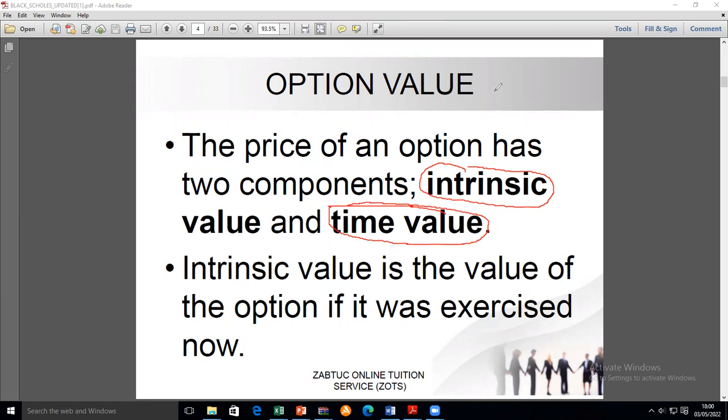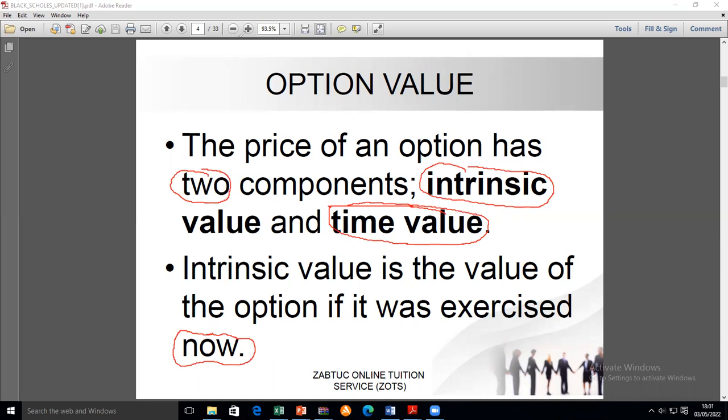So the option value has got these two components. What is the intrinsic value? The intrinsic value is the value of the option if it was exercised now. If you exercise now, what is the value? That's called the intrinsic value.